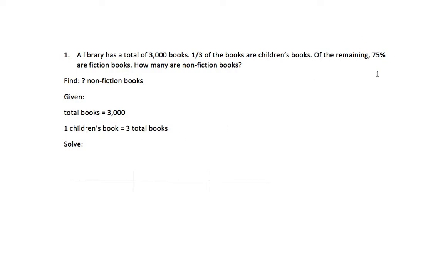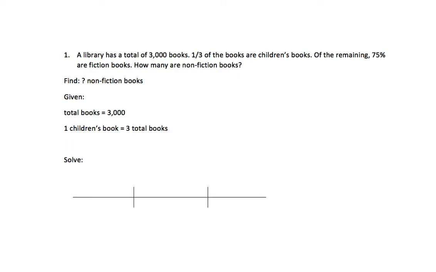And then of the remaining, 75% are fiction books. And because 75% is a ratio that's always out of 100, that tells us there are 75 fiction books equals 100 remaining books, which means we need to figure out what it means by remaining.